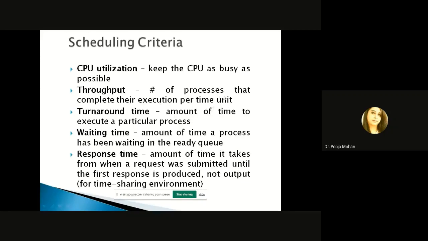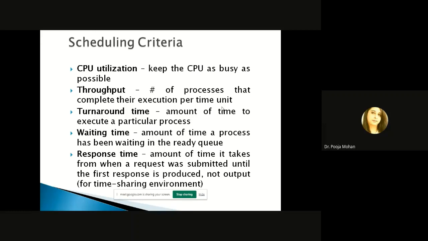It's not about how many processes are currently running on the CPU. It's basically how many processes complete their execution during that time. So it is very important. This may be different for different kinds of processes. There may be some short processes as well as long processes.